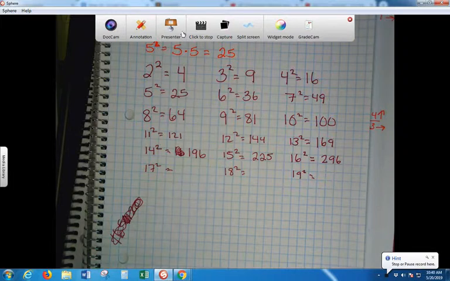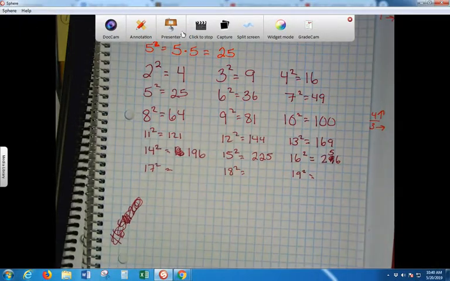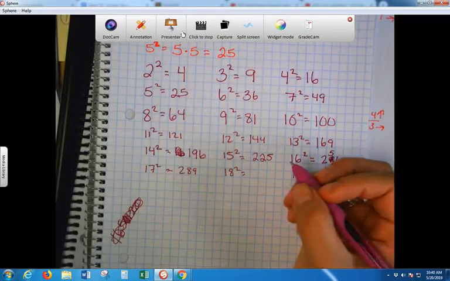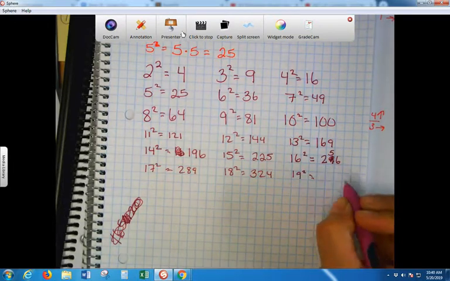Yes. No, wait. 16 squared. What's 16 squared? 256. Yeah, this one's a 56. And 17 squared is 289. 18 squared? Nice. 19 squared.